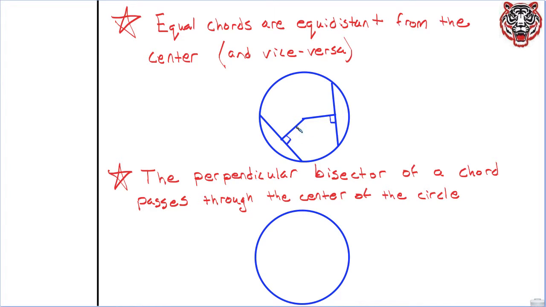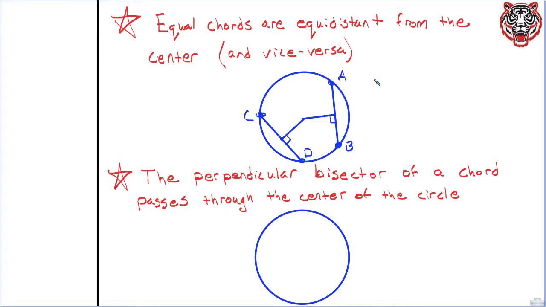At a right angle. That is the distance from this chord to the center of the circle. So if these are equal chords, I'm going to say that this chord right here was A, B, and this chord here will be C, D.